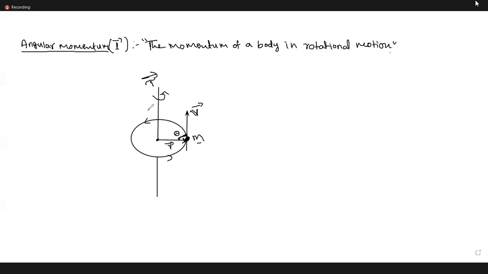In this case, the angular momentum can be written as L equals r vector cross p vector, because angular momentum is also a vector quantity.